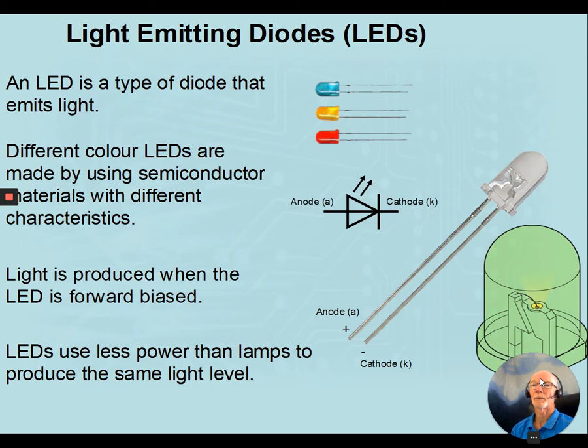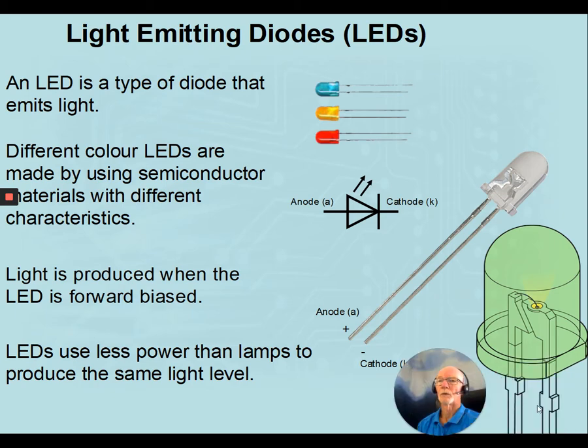Once the legs have been trimmed off, we wouldn't be able to work out which is which, and so these small light-emitting diodes normally have a flat portion on their base like this, which indicates the negative part of the light-emitting diode.